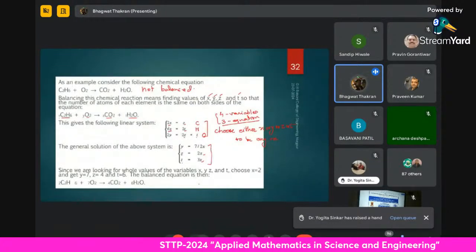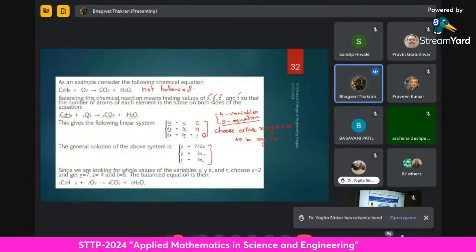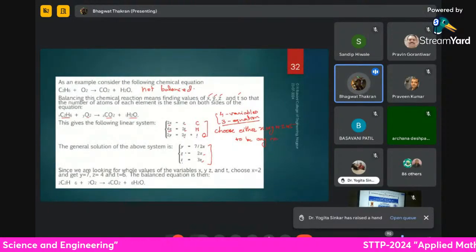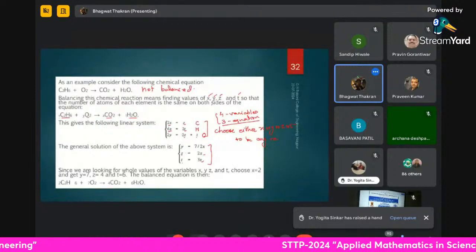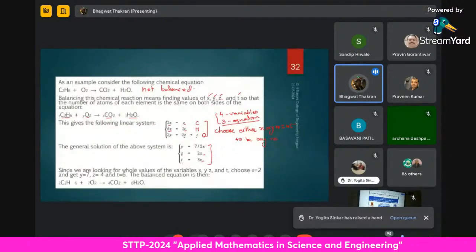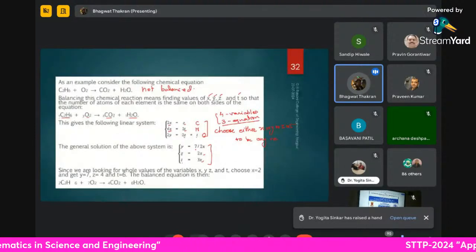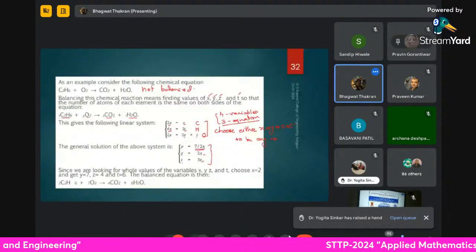So this is my expression of Y, Z, and T. Now, since atoms cannot be a rational number, we'll choose these scalars x, y, z, t in such a way that the value of y should be a whole number.